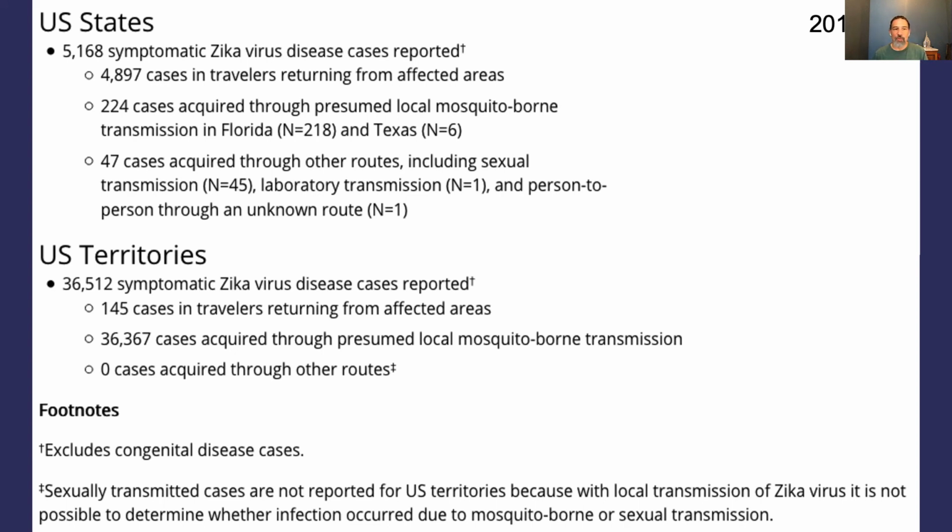About 224 cases were acquired through presumed local mosquito transmission in Florida and in Texas. And 47 cases were identified to have been acquired through other routes, including sexual transmission and a single case of laboratory transmission and person-to-person transmission through an as yet unknown route. And transmission was much more significant in US territories.